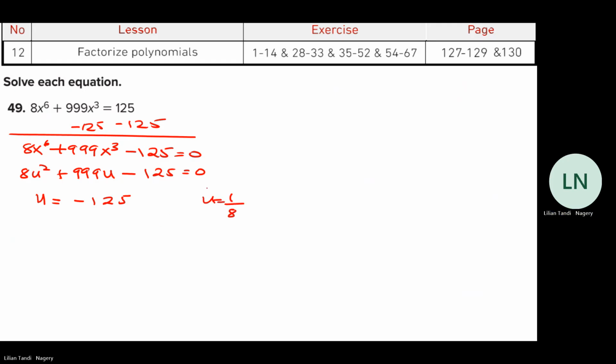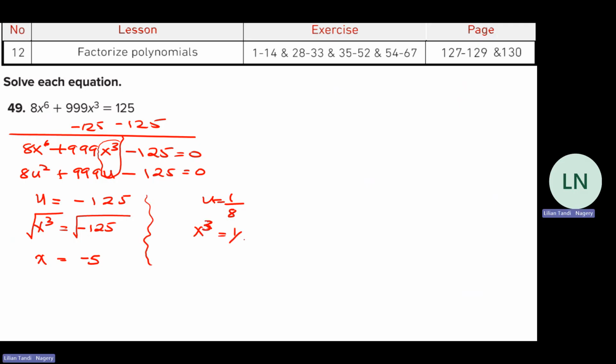Okay? Now, you said u is x cubed. So you're going to say x cubed equals -125. You're going to cube root both sides. You're going to get your first x, which is 5, but negative. Same thing here. You're going to say x cubed equals 1 over 8.